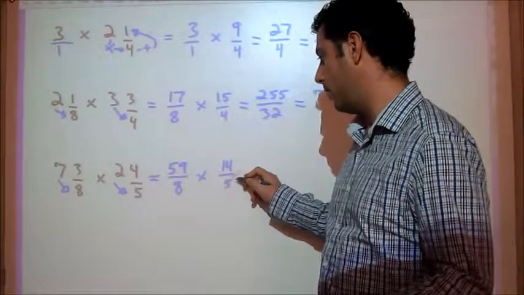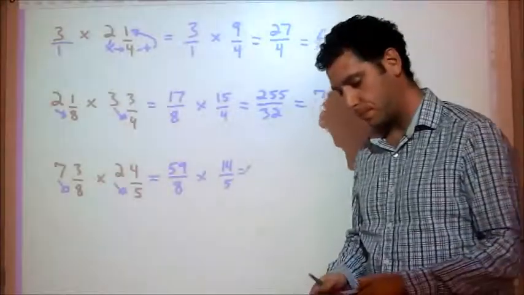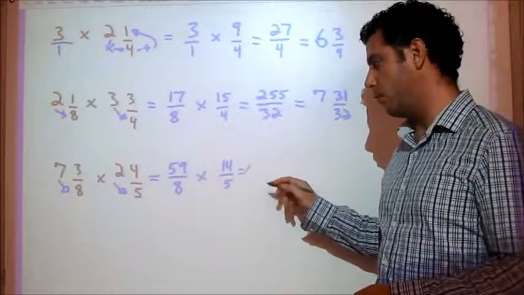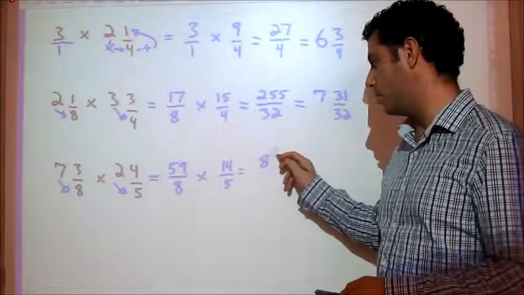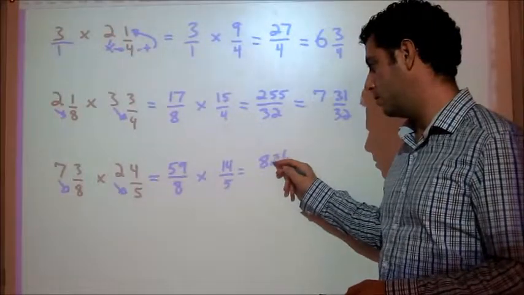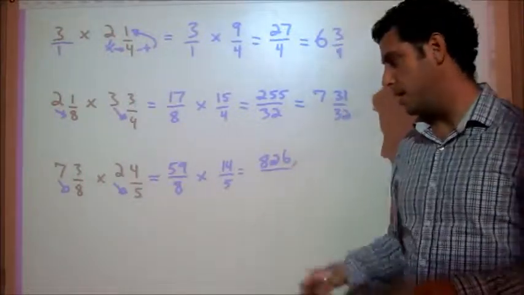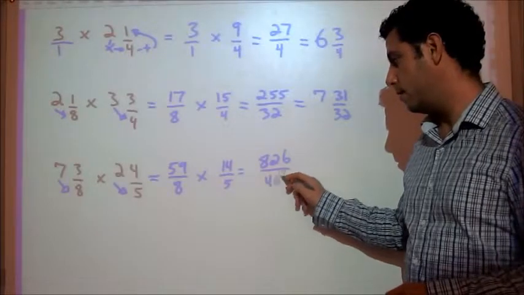This is over 5. 59 times 14 is 826. And 8 times 5 is 40.